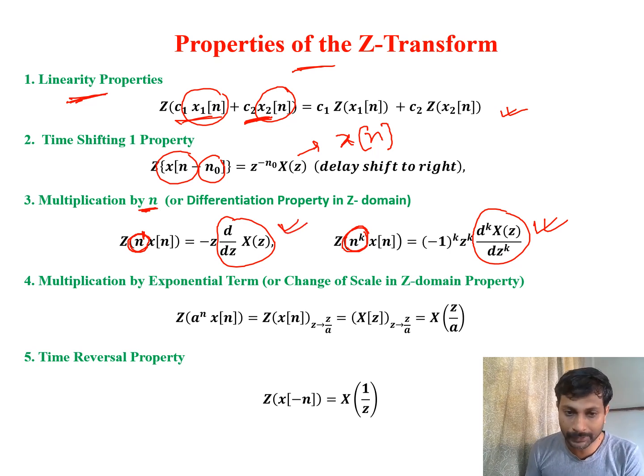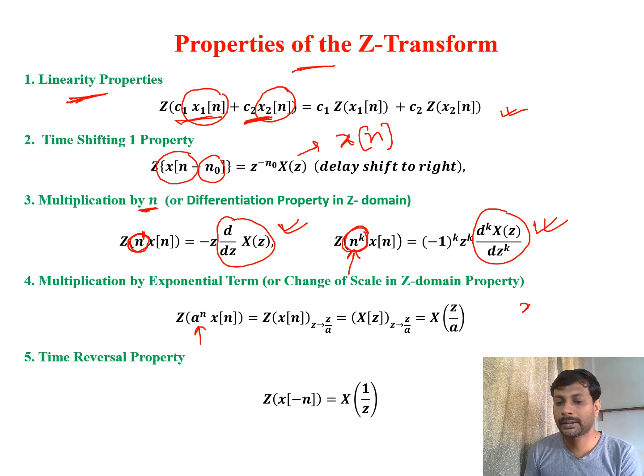Multiplication by an exponential term. See, there is a lot of difference: this is n, this is a constant. So for a to the power of n times x n, the Z transform is X of z by a. You replace the term z by z by a in the equation.